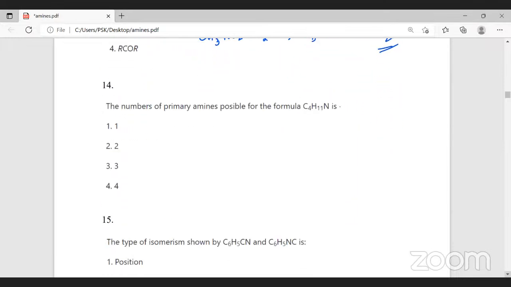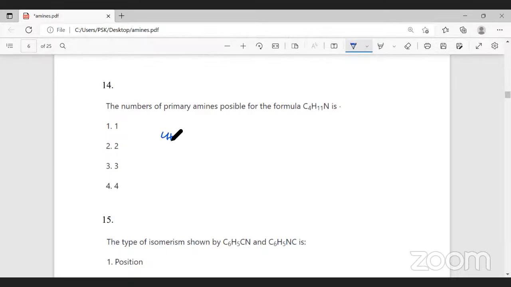The next question: the number of primary amines possible for the formula C4H11N. We write CH3CH2CH2CH2NH2. They're asking for primary amines, and this is a primary amine. Second, CH3CH2CH(NH2)CH3 is also a primary amine because nitrogen is bonded to one carbon.